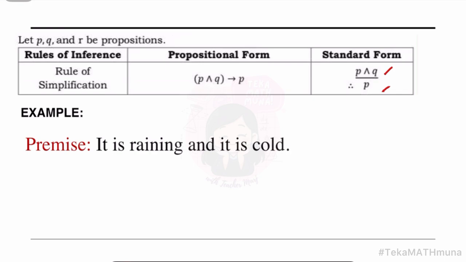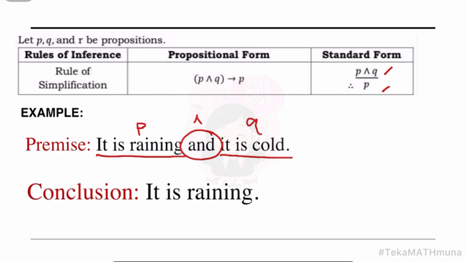So the proposition P is it is raining, and proposition Q is it is cold. Then the logical connector is AND. So the conclusion will be it is raining, which is the proposition P. You simplified the conjunction into one of its parts.